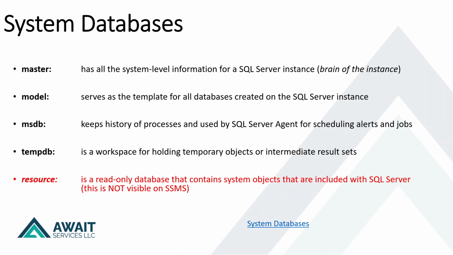All this information is necessary for SQL Server to start and also continue running. All the logins, if you are doing encryption, the certificate, everything needed for SQL Server to start up and run, and also that has to do with connection, is stored in the master database. So it's like the brain of the instance.